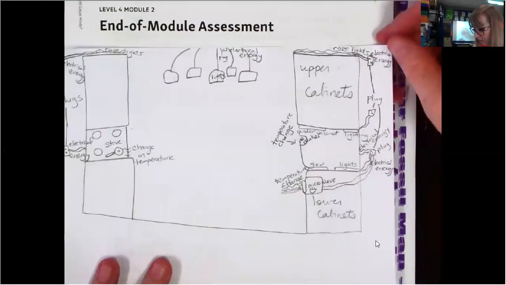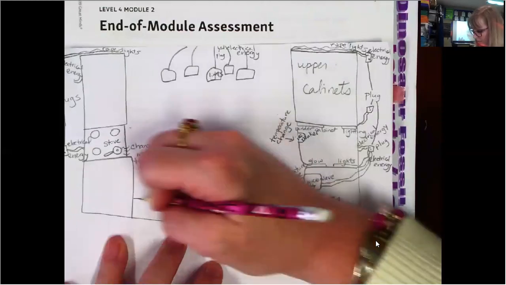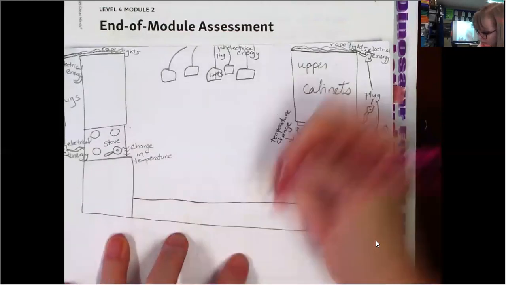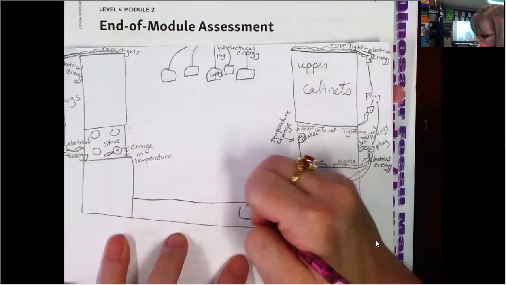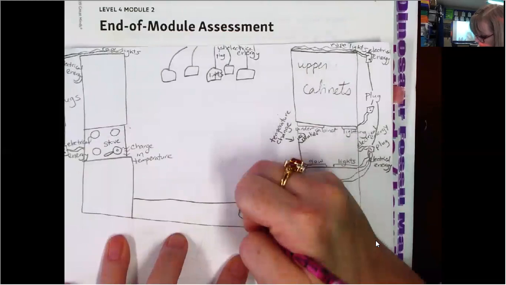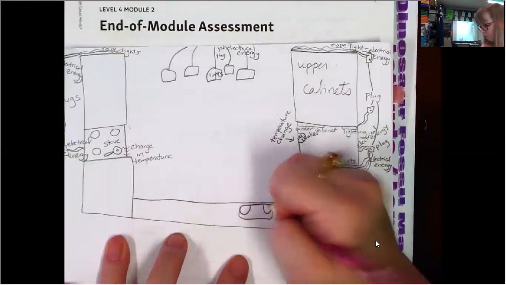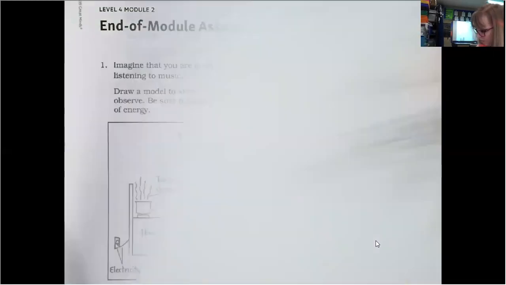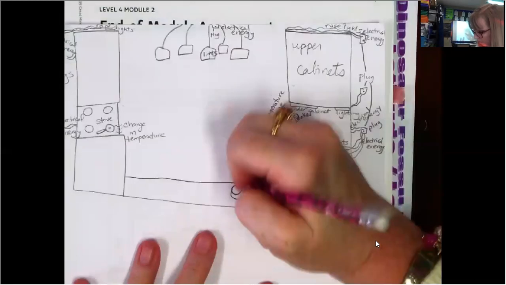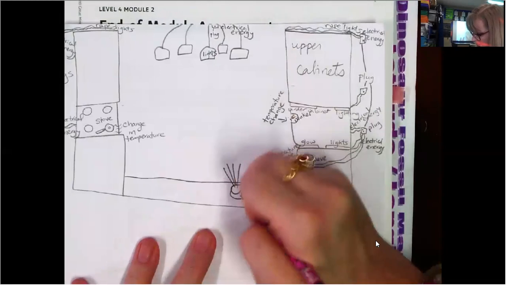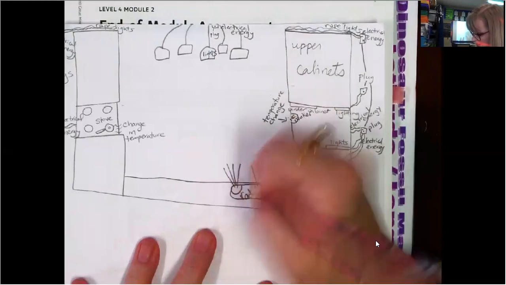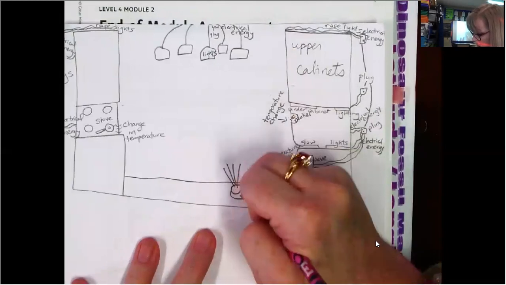And then we have more cabinets here. Let's put that radio in here. Okay. I'm going to go old-fashioned radio. Speaker, speaker. Sound. Radio. And the radio has to plug in. Oops.